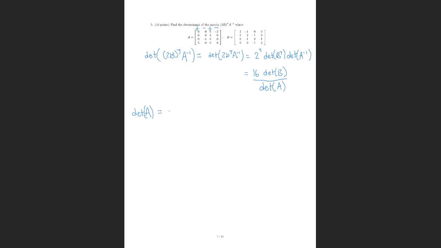You could do that, but I guess it might be easier to think of it like this. Oh, no, that doesn't work. Okay, so I'll just go ahead and do it. So minus -2 times determinant of this remaining 3 by 3.